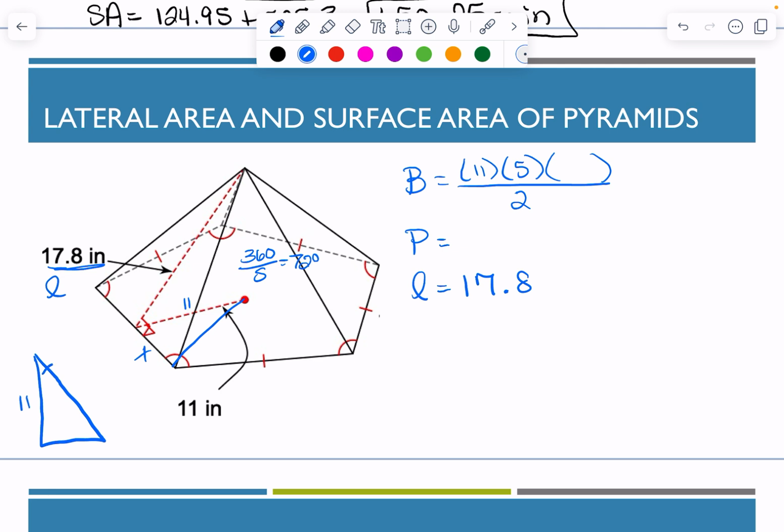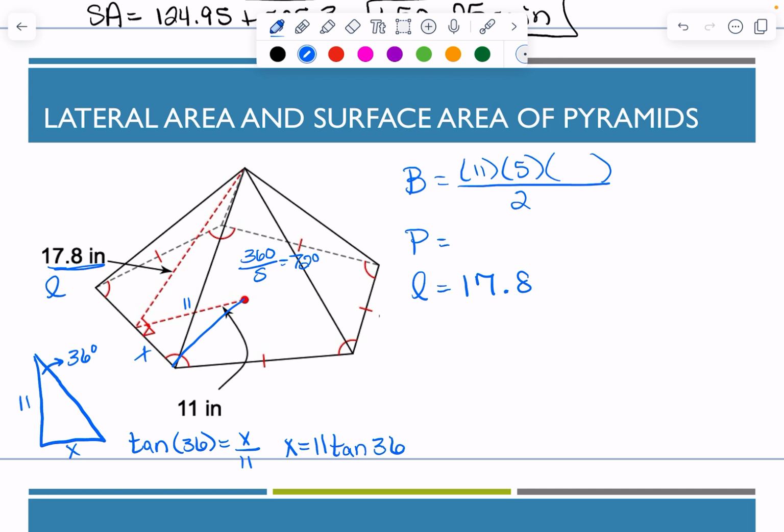So half of that's going to make that 36 degrees, and that's going to be x. So now we know the tangent of 36 is equal to x over 11. So x must equal 11 times the tangent of 36.